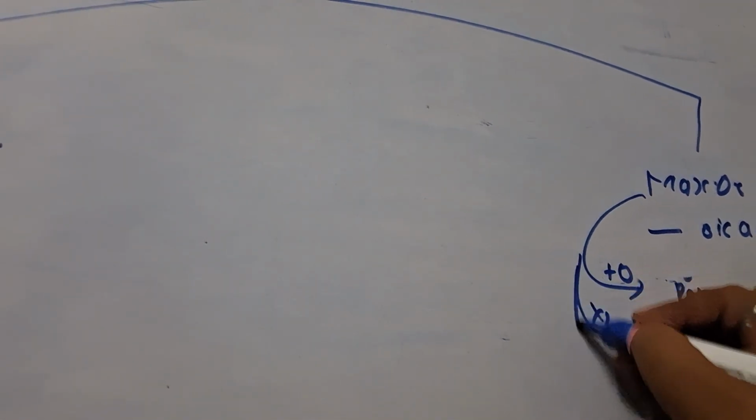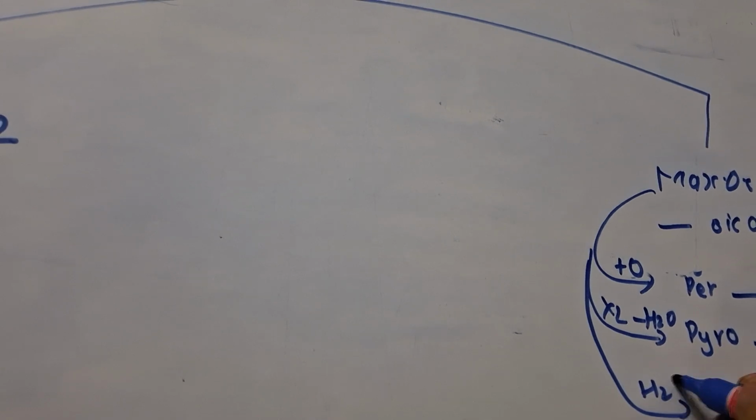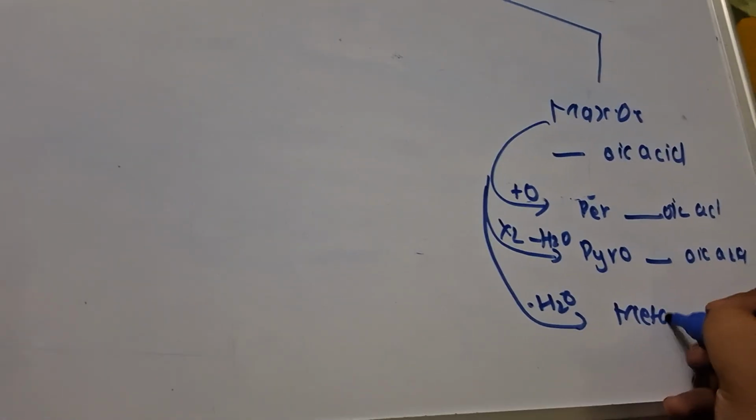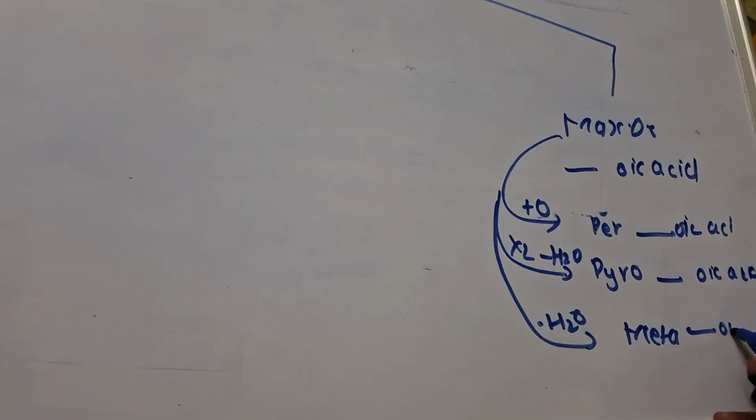Now if you just subtract H2O, you will get meta-oic acid.